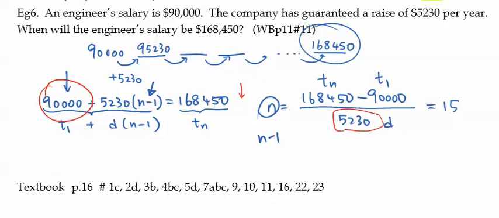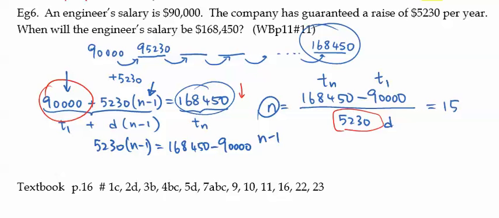When you bring this 90,000 to the other side and subtract it, 168,450 minus 90,000 will give us 5230 times this. And if you want to solve for n, you would divide it by 5230.